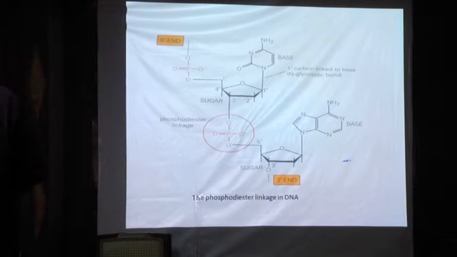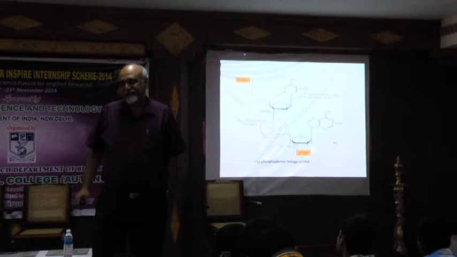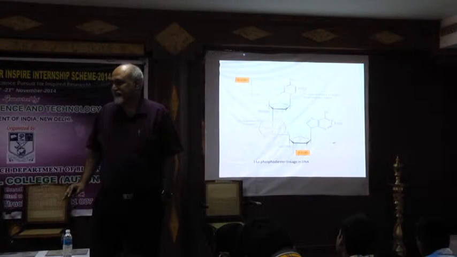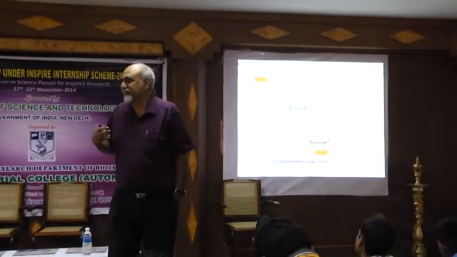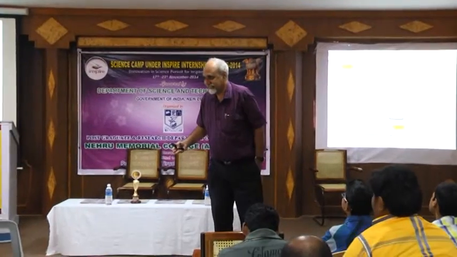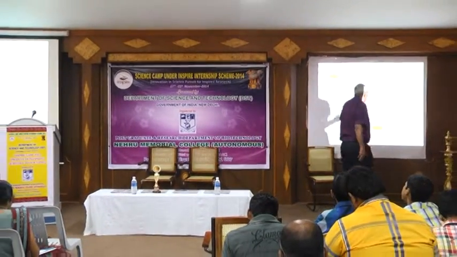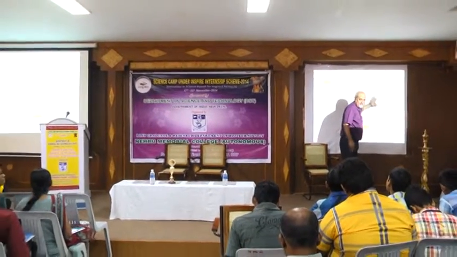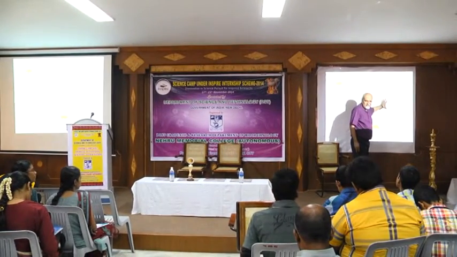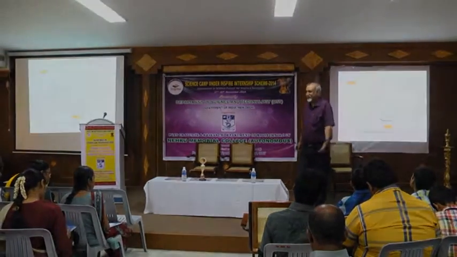So what can we say? That our DNA is made up of 3.5 billion bases, correct? Only the base is not constant. Only this will be different. So our DNA is made up of 3.5 billion bases.